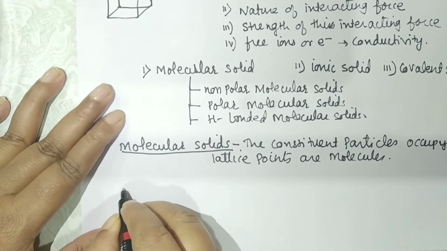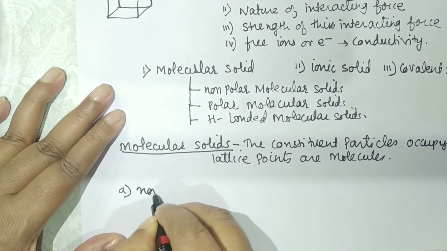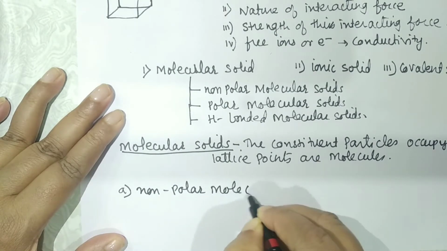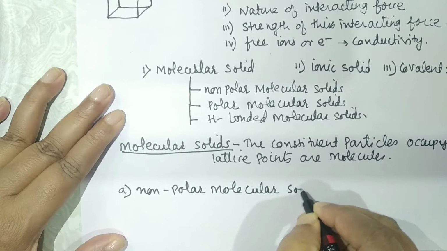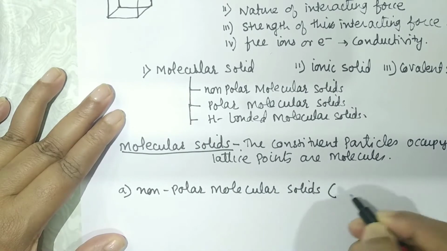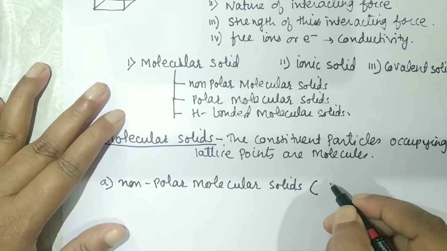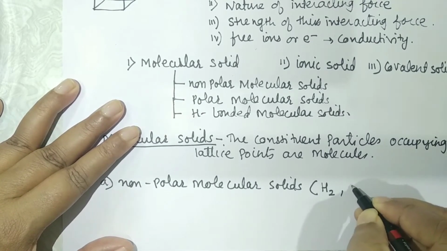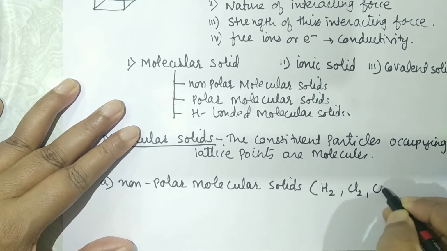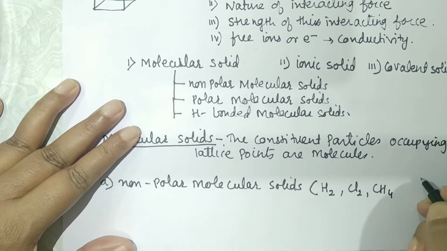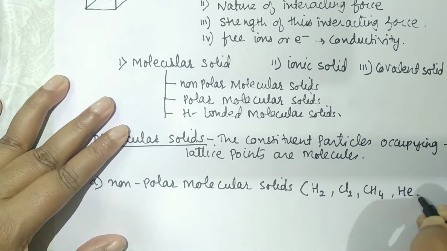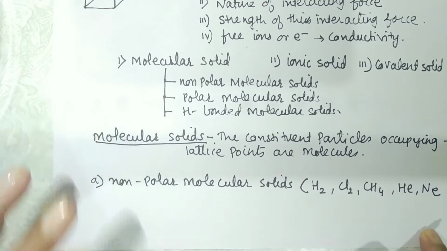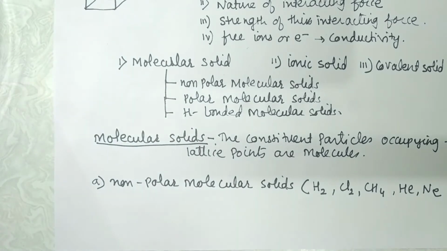So the first is non-polar molecular solids. Examples here can be non-polar molecules like the diatomic molecules Cl2, H2, methane. You can have even the inert gases like helium, neon, because they also are atoms but they are stable, and so we can have this type.